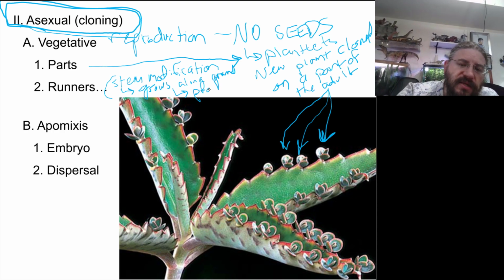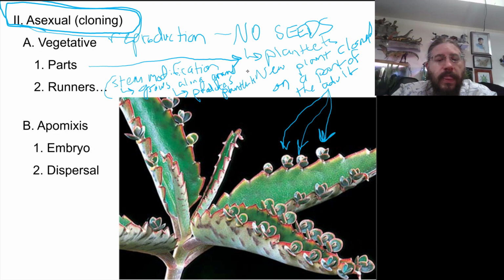And it produces plantlets. Think strawberries and spider plants.